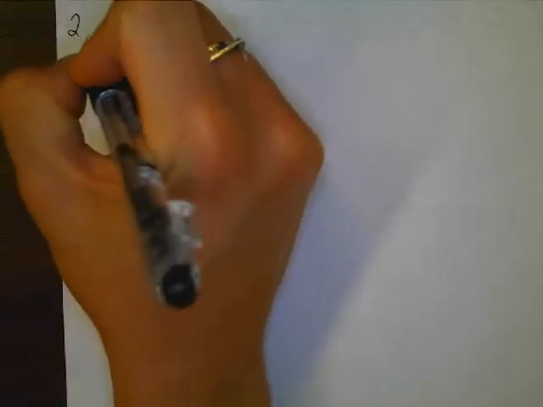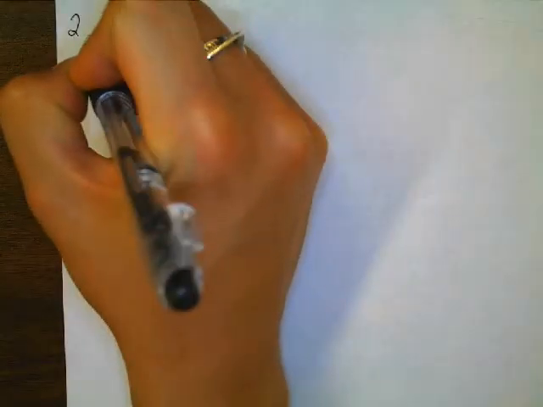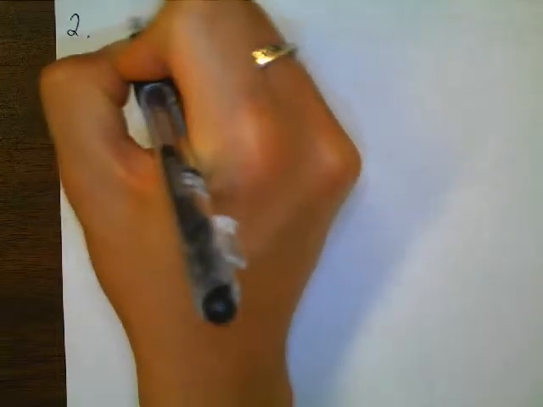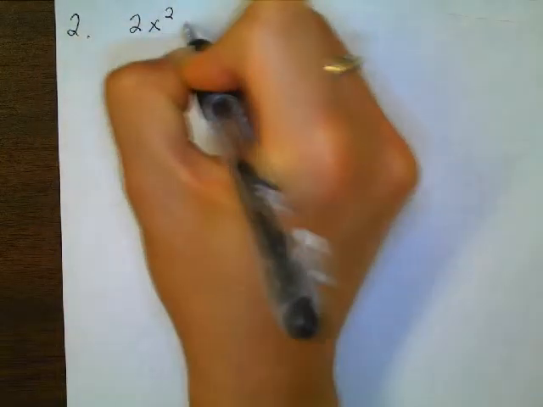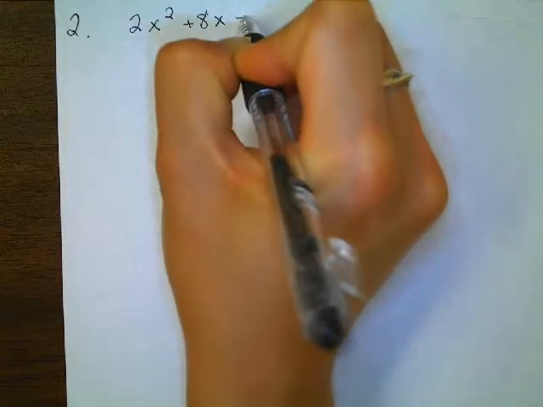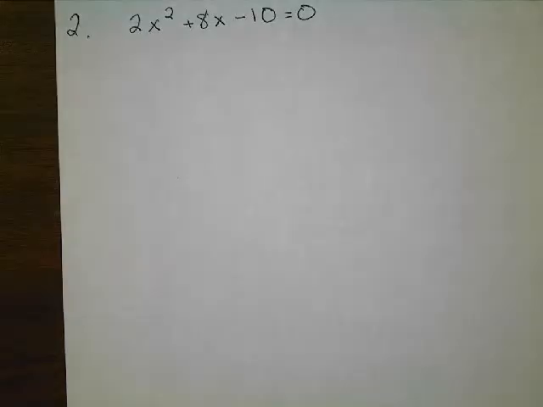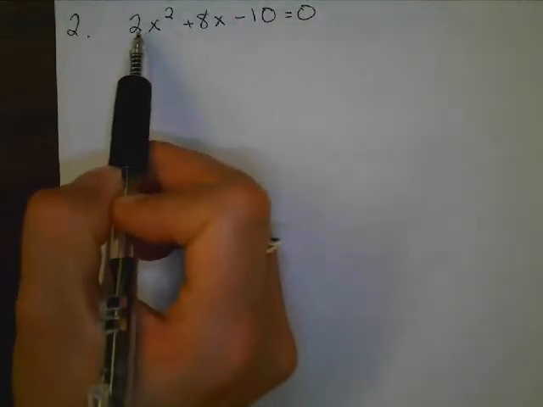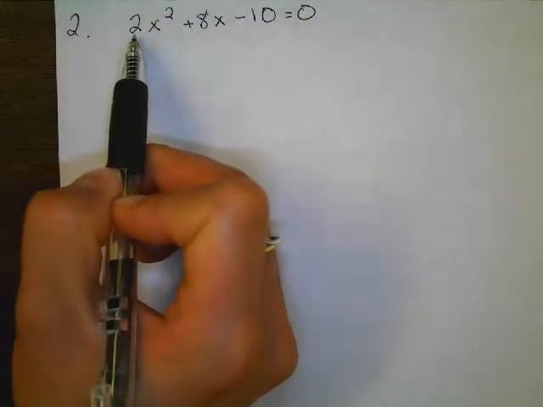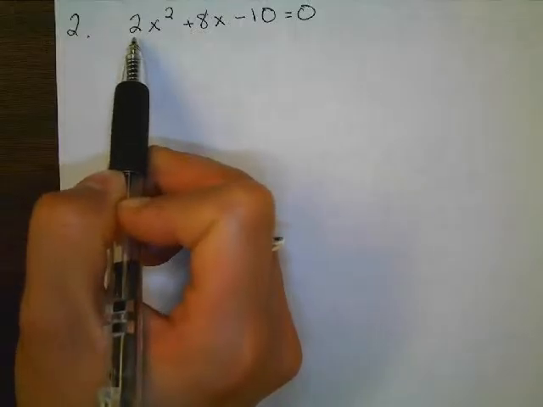Alright, let's say we have a problem that looks like this: 2x squared plus 8x minus 10 equals 0. Again, the first step is to make sure that the squared term has a coefficient of 1. It doesn't in this case, so what I have to do is turn it into a 1.